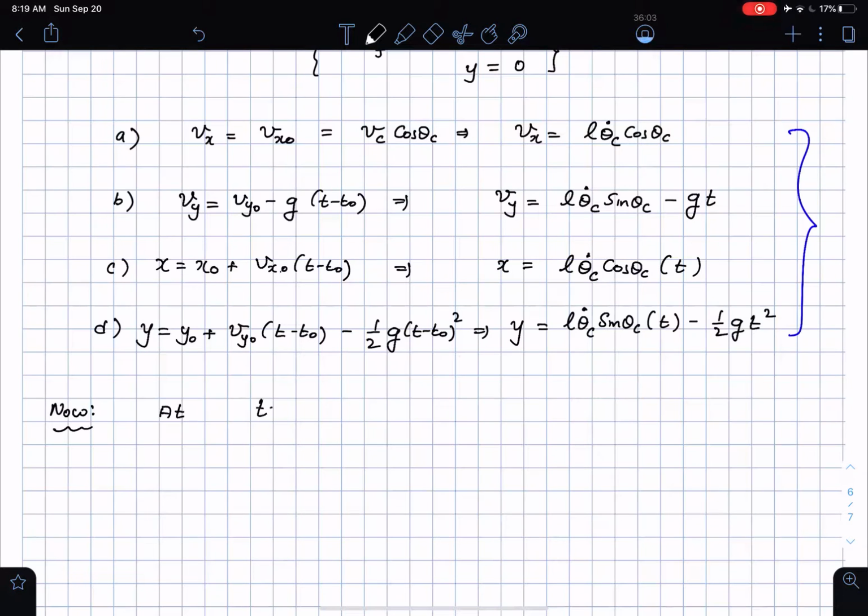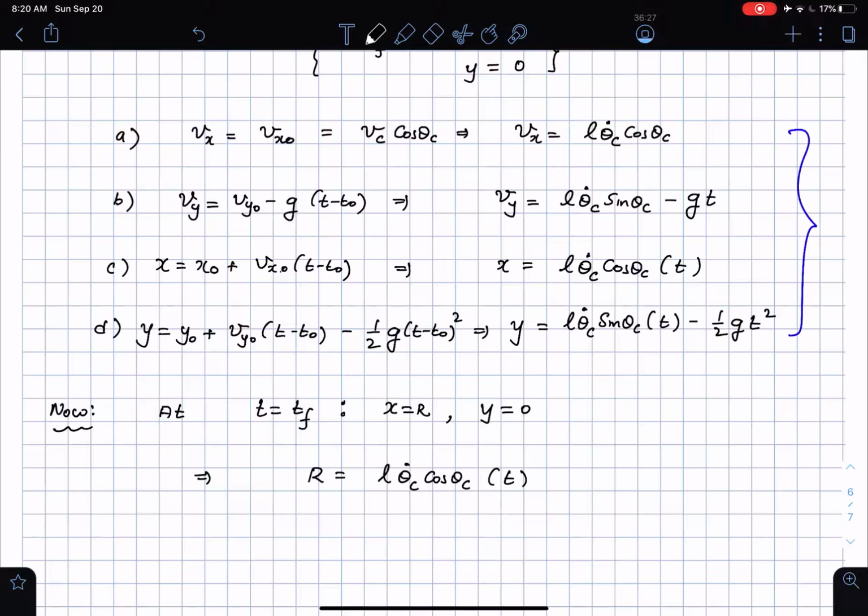Okay, so now at t is equal to tf, x is equal to r. So I'm just going to look at substituting r into the equation that I have, and y is also equal to 0. If I do the substitutions, r is equal to L theta dot C cos theta C times t.